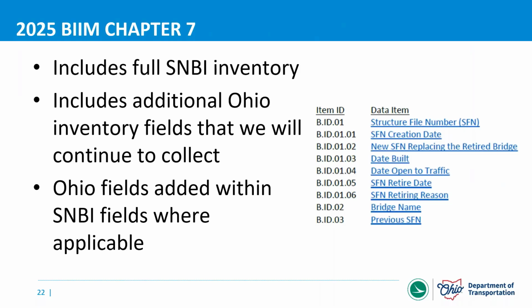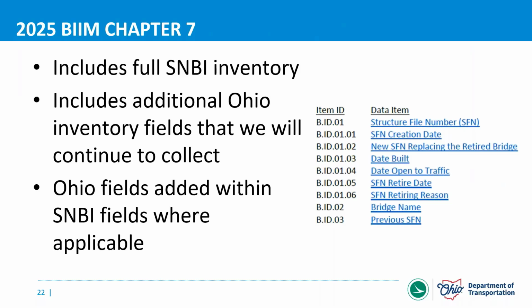We knew that it wouldn't really look right if we had the SNBI inventory, the way that they've set up their nomenclature, with B standing for bridge, then a dot, then the section, ID in this case for identification, and then field number 01, 2, 3 of that section, mixed with 3-digit numbers. So we wanted it to look relatively similar. I know it's a bit of a mouthful, seeing the decimals after the first numerical decimal, but that basically shows that that's an ODOT-only field.